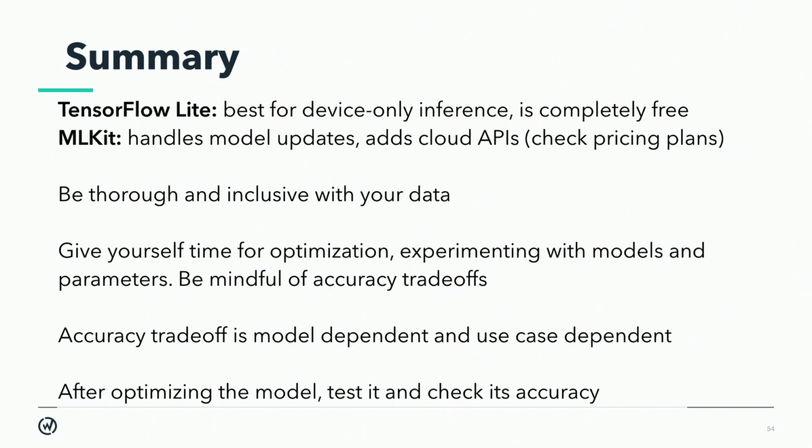You can just check out the documentation and do these things. It's really nothing complicated happening there. But preparing the data and optimizing the models, this is where it gets really tricky. So if you're going to work on a project that involves machine learning, please give yourself time for experimenting and tweaking different parameters, and please be mindful of accuracy trade-offs and how much accuracy you need for your specific use case.